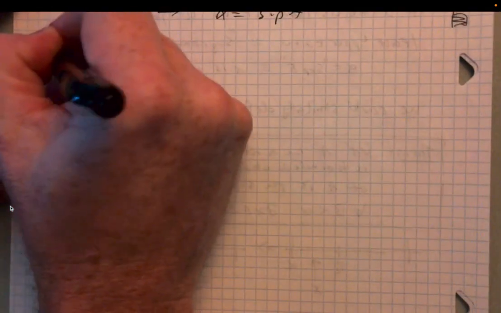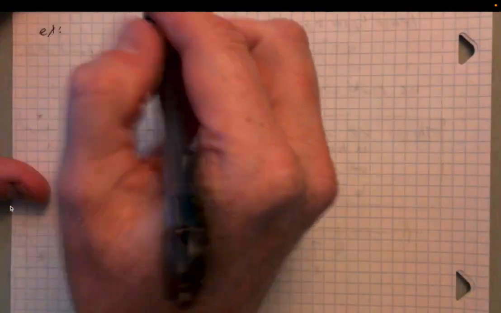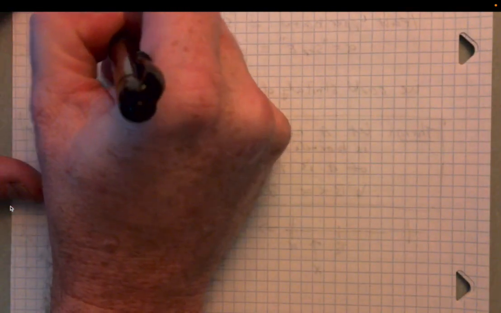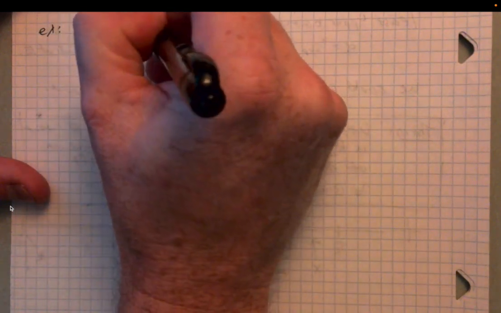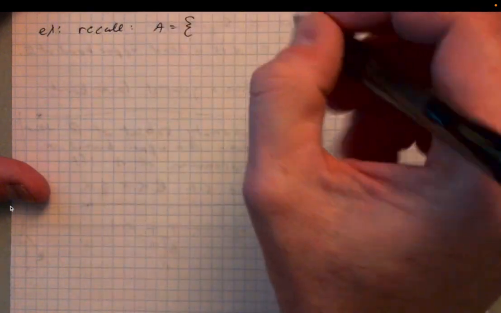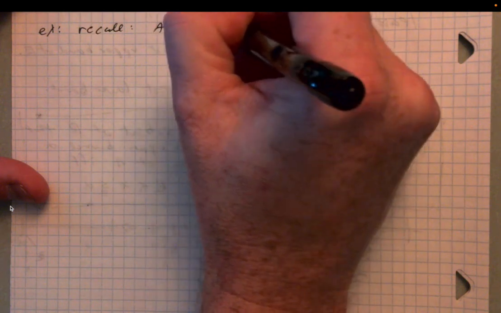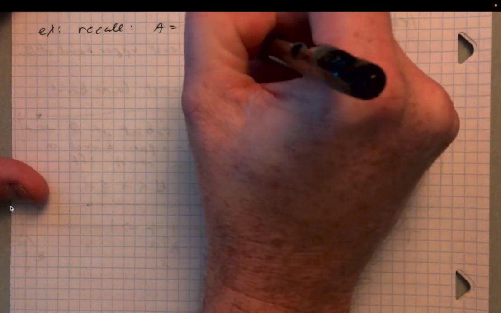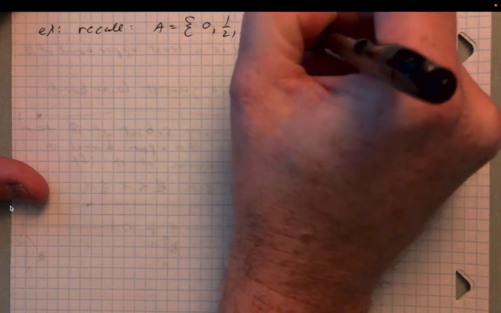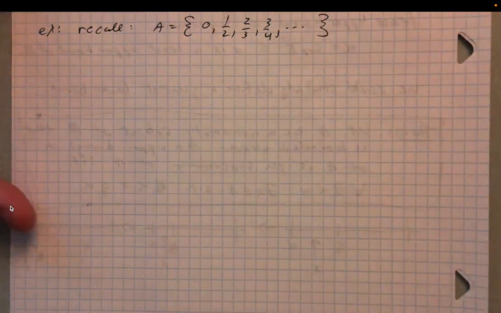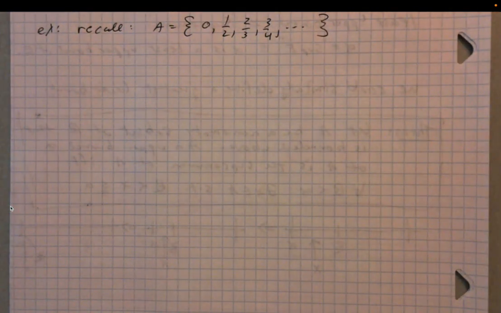Let's recall the set we looked at earlier. Remember A, when we had A equal to 0, 1/2, 2/3, 3/4, etc. Recall this set.